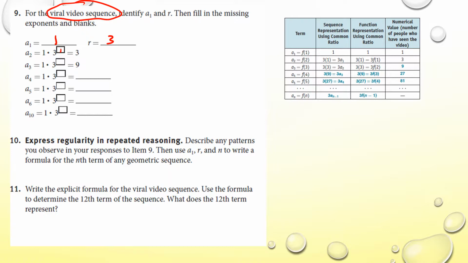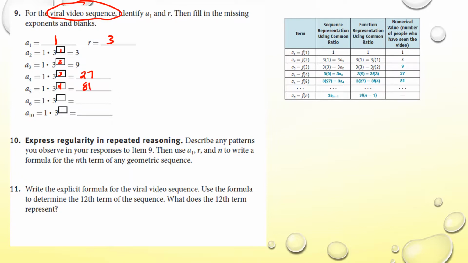The third term is 1 times 3 squared, and 3 squared is 9. The fourth term is 1 times 3 to the third, and 3 to the third is 27. So the fifth term, which was 81, is 1 times 3 to the fourth. So we keep multiplying by one more power of 3.